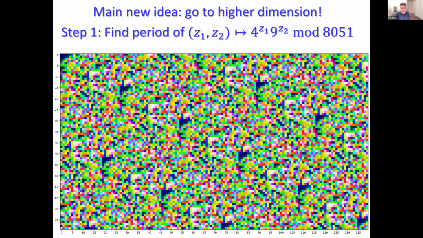Some of those periods will actually be trivial square roots. So what we need, basically, the number-theoretic assumption is really telling us that we will be able to find some non-trivial square roots if we look at this lattice. There will be some not too far away non-trivial square root. That's one way to understand the number-theoretic conjecture.